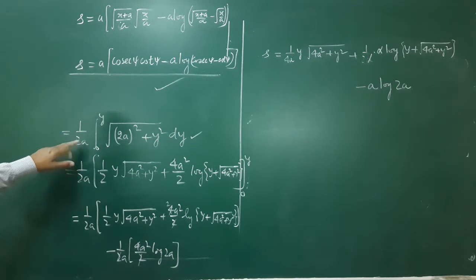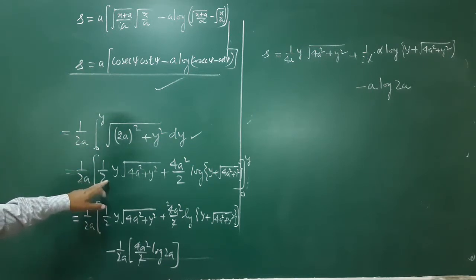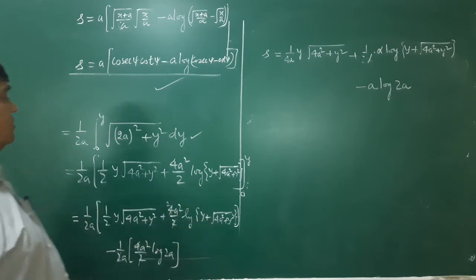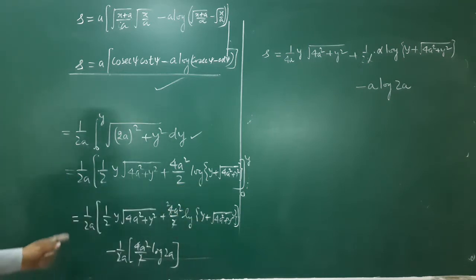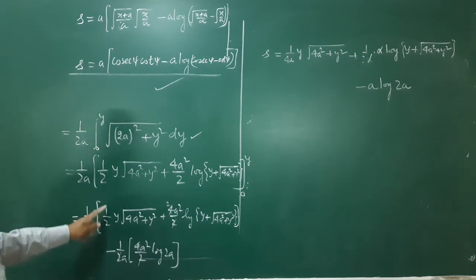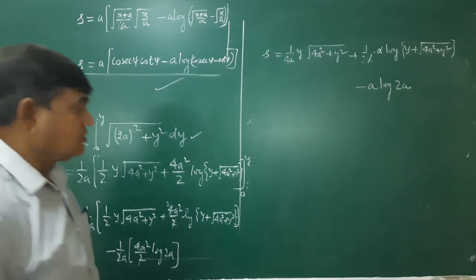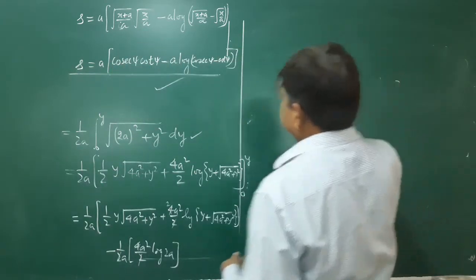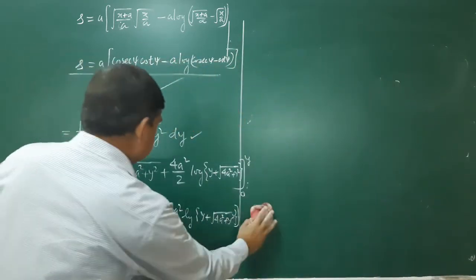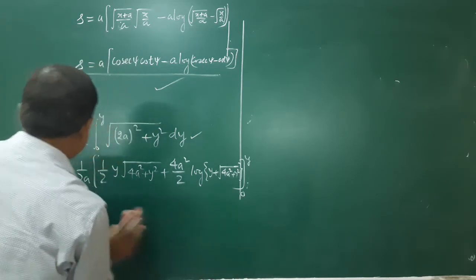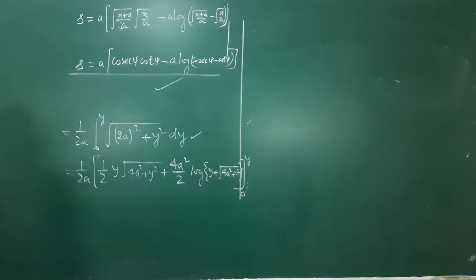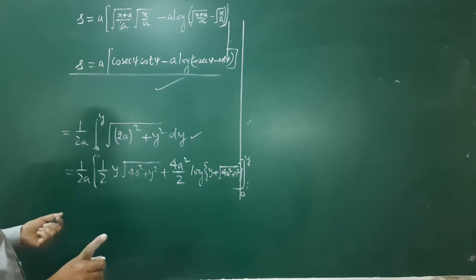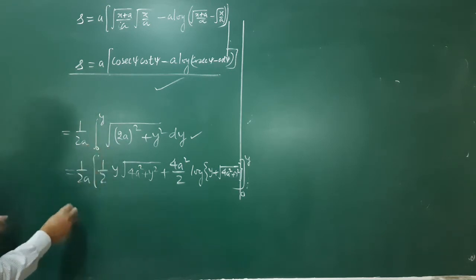1 by 2a, 0, okay, up to here 1 by 2 is also fine, a square by 2, so it is 4a square by 2, it is 1 by 2a half. I cancel this from here. Write it again. Y square upon 4a square, that is 4a, so it is 2a.